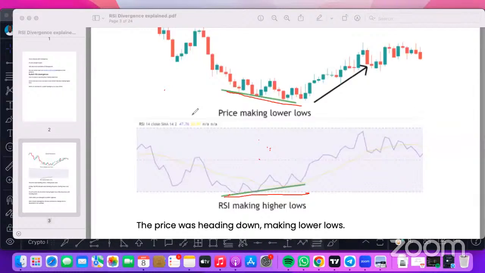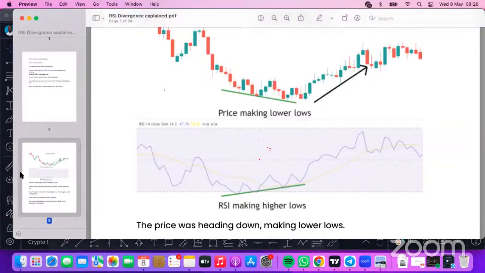Once you connect these points, you draw the line here like this, then here like this. Simple as that. So this is what we call a bullish divergence.